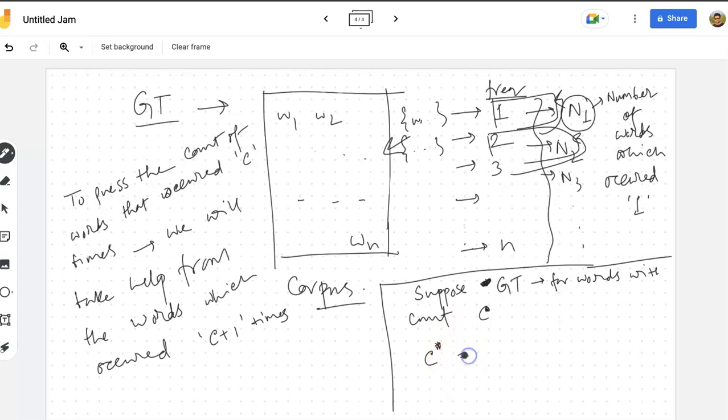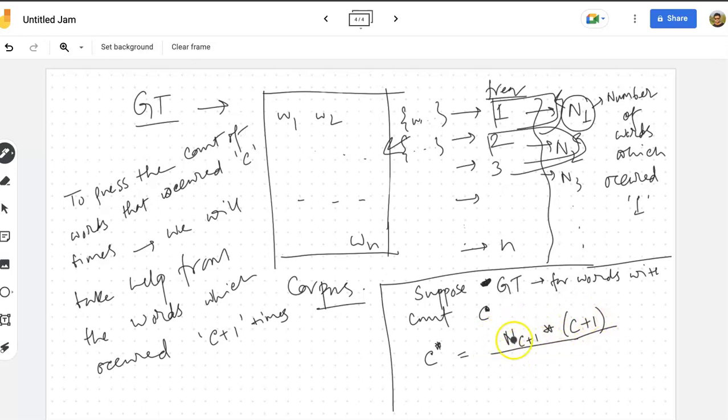We take help from the words that occurred C plus 1 times. There are N(C+1) words which have occurrence C plus 1, and each occurs C plus 1 times. So the total count is (C+1) times N(C+1).